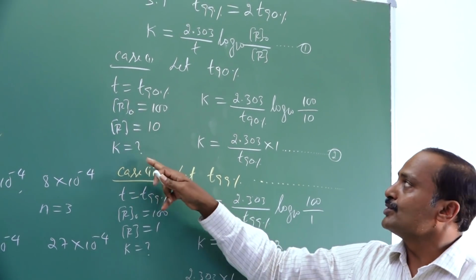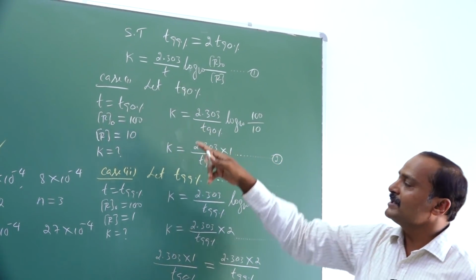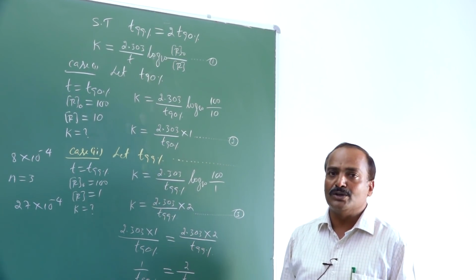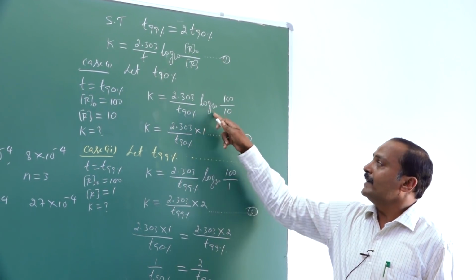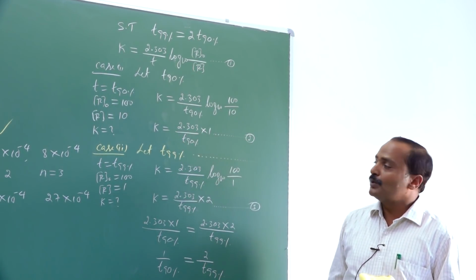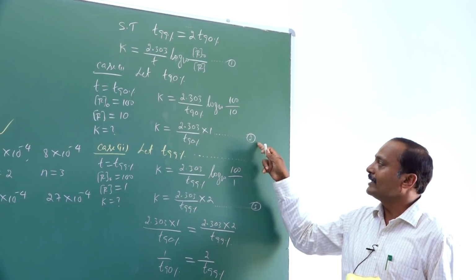Here k is equal to what? Then equation 1 becomes k = 2.303 divided by T90% into log base 10 of 100 by 10. k = 2.303 into 1 divided by T90%, we call it equation number 2.